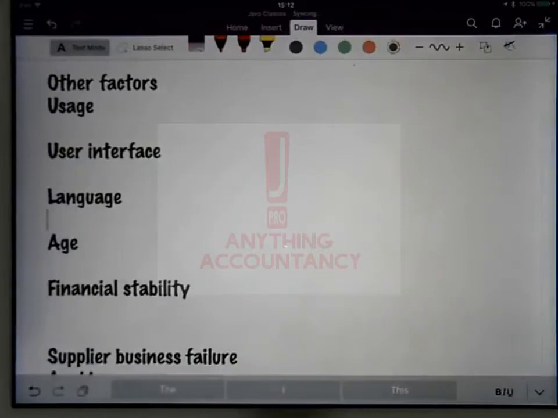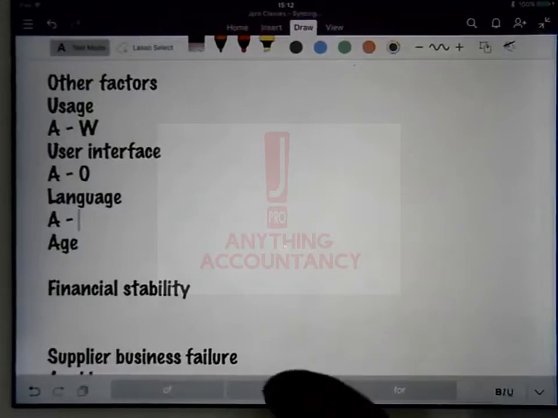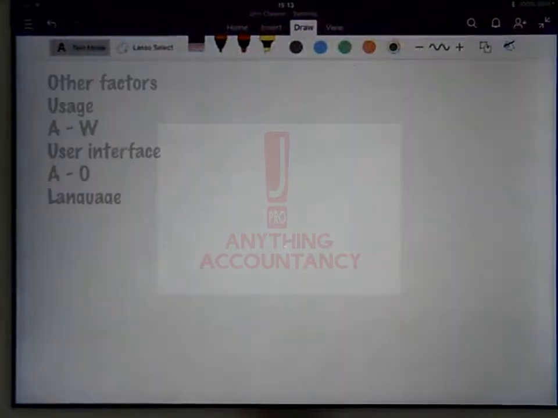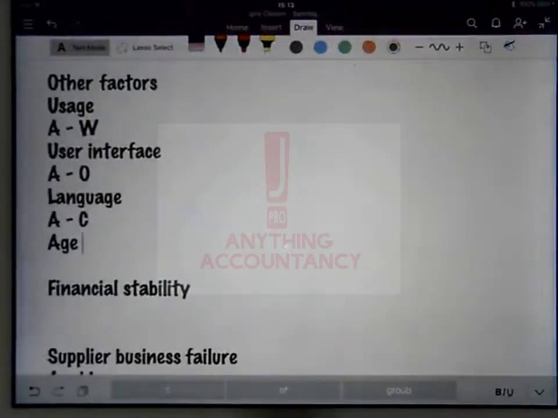Well, I'm going to say A is old, A is Amethyst. You're doing Amethyst. A is Amethyst, correct? A's language was conventional. A is 20 years.